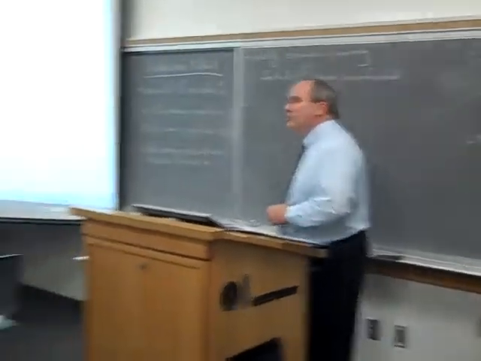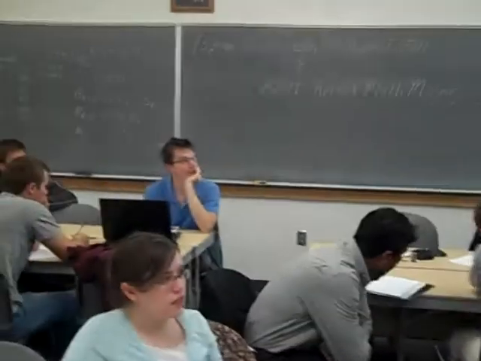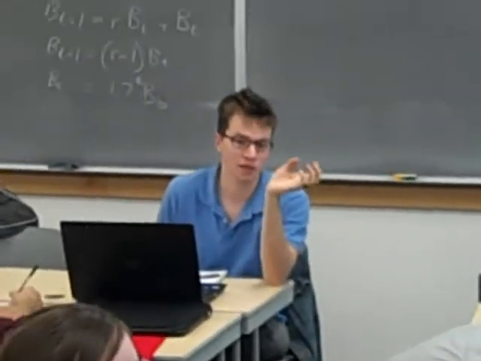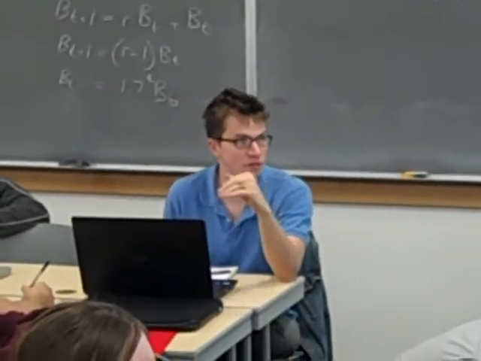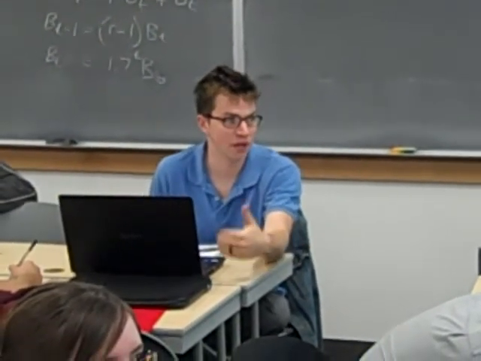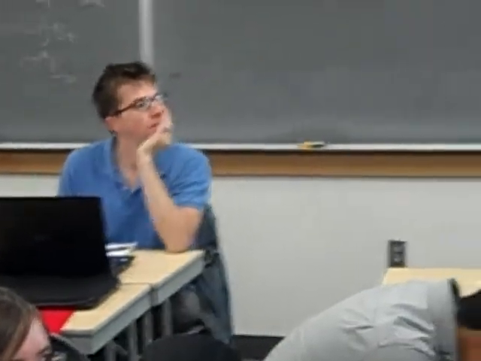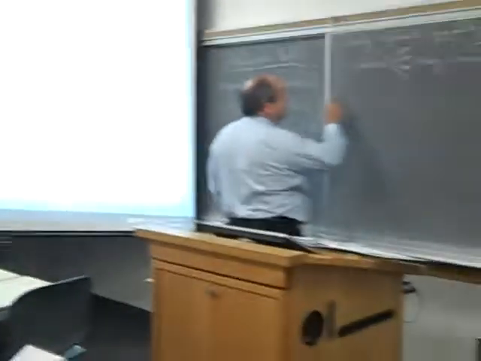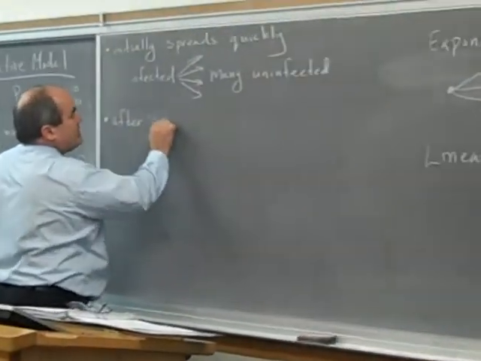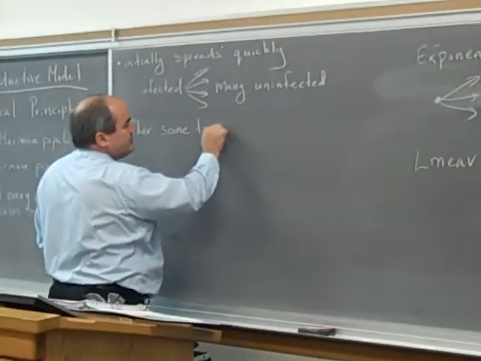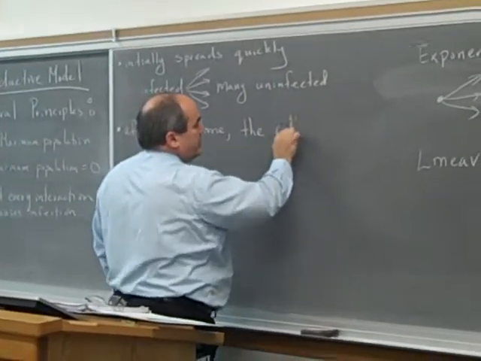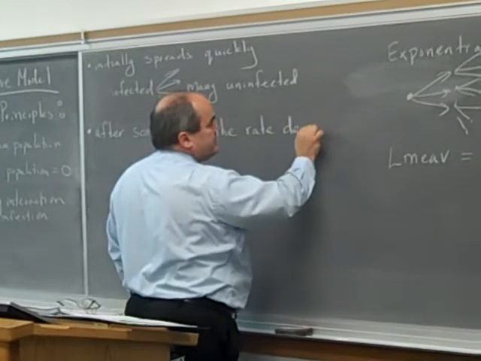Like the more people are infected, the lower the rate is. Because after a certain point, you can't give the flu to somebody who already has the flu. So here we know that after some time, the rate decreases.